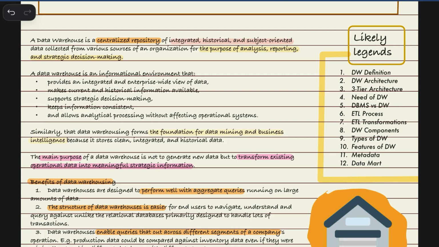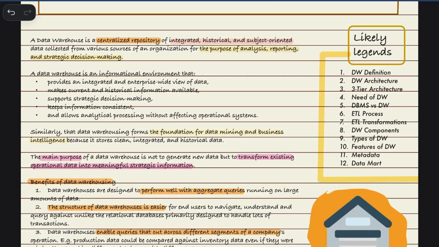Customer, all the customers who are paying the bill, right? Then product is what you are scanning, and sales is what the customer has paid. So this is how we provide subjects to our data, and we store it in that form. And it becomes incredibly easy for the analyst to find everything about a specific product without digging through millions of individual receipts. That is why it is subject oriented.